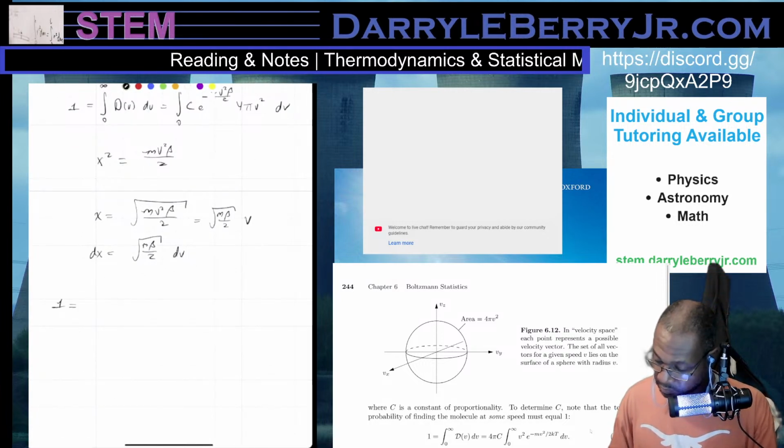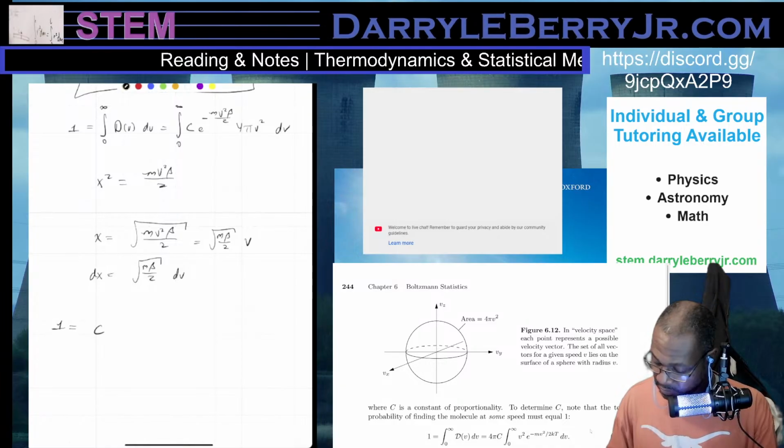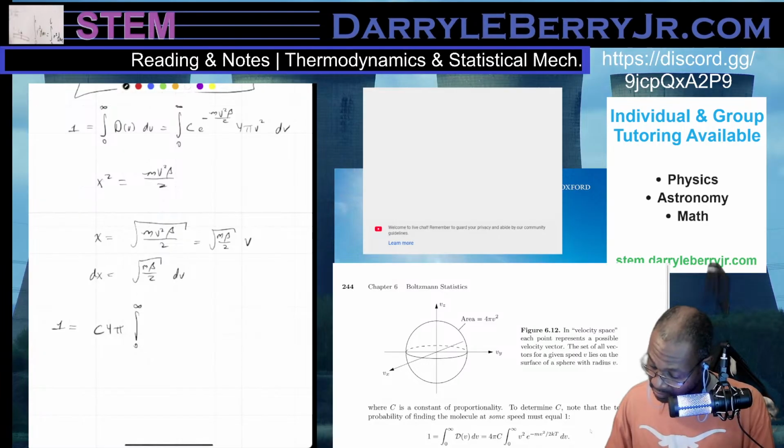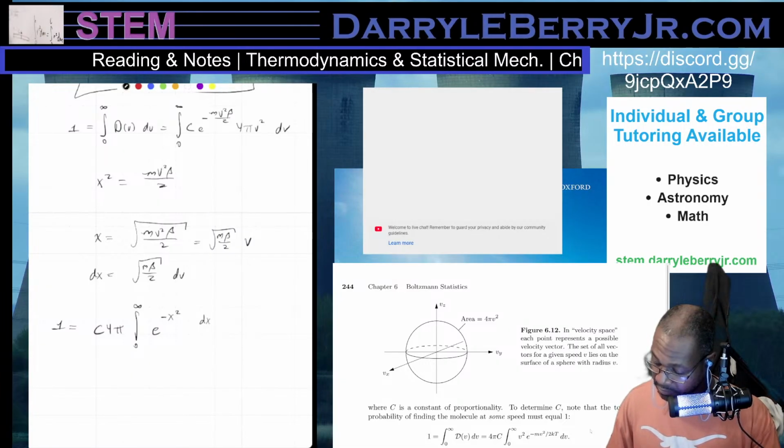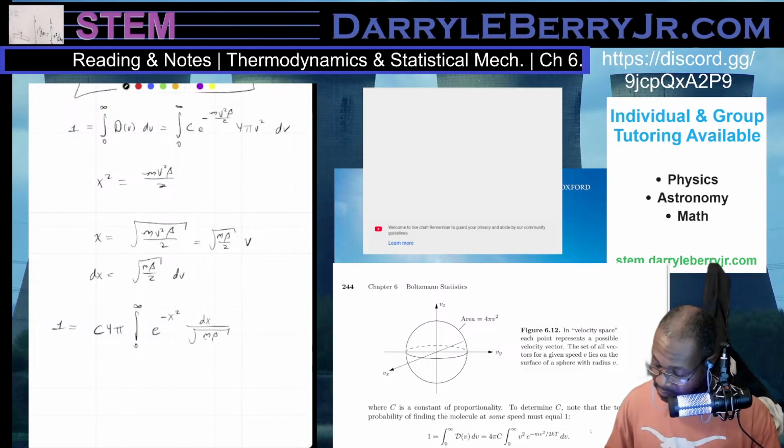So 1 equals c 4 pi integral 0 to infinity e to the negative x squared, and dx over the square root of m b over 2.